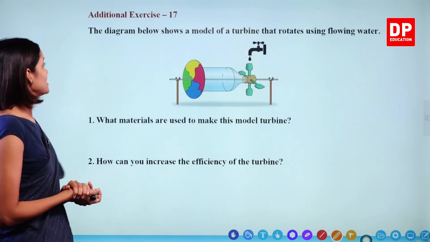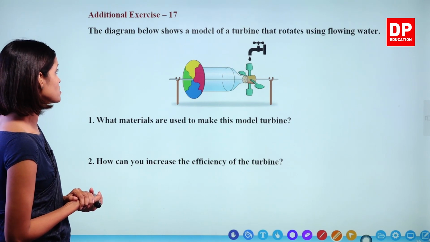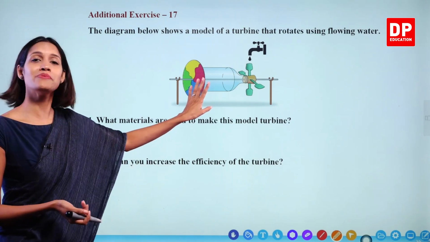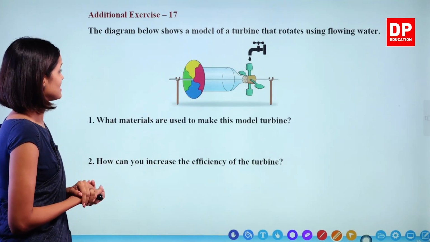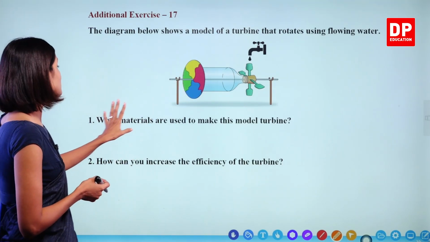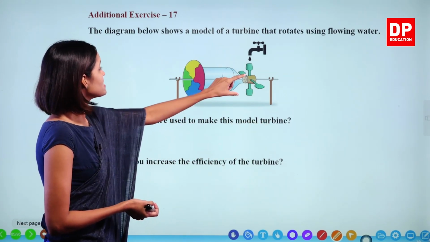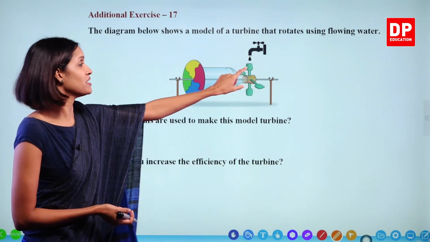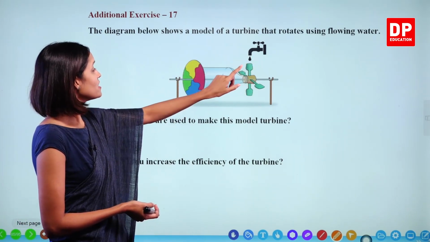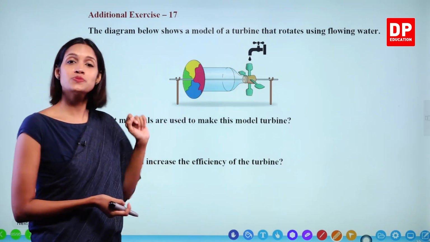Exercise number 17. The diagram below shows a model of a turbine that rotates using flowing water. Do you remember we made a similar type of turbine? This is the similar thing. What materials are used to make this model turbine? When you consider the turbine part, this is the entire structure that we made. For the turbine part, we can use a cork stopper and yogurt spoons.